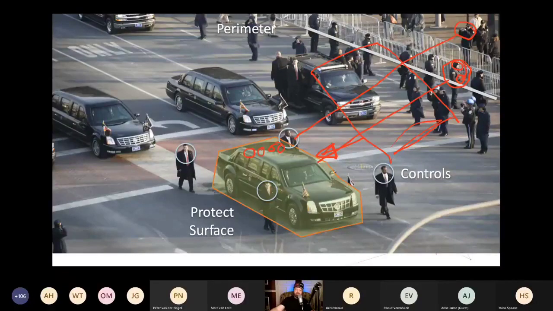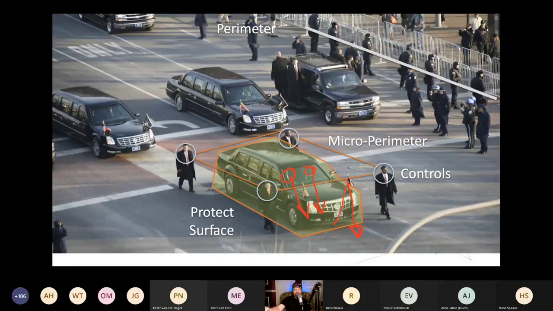So we need to move the controls in adjacent to the protect surface so we can define a micro perimeter in policy. There's a policy here right now that says only these 2 individuals can transit outbound. So very simple policy. And no one can come inbound. There are 0 people who can come inbound in the micro perimeter.